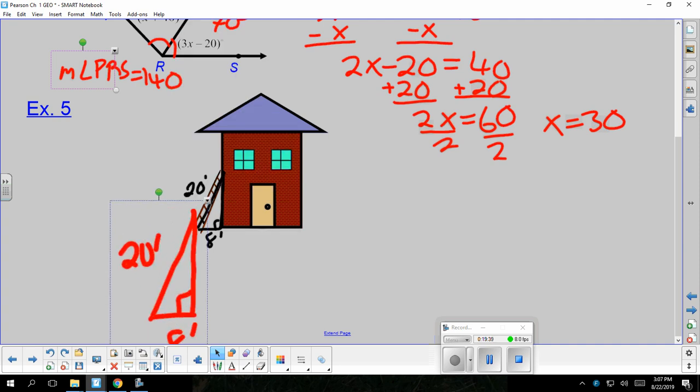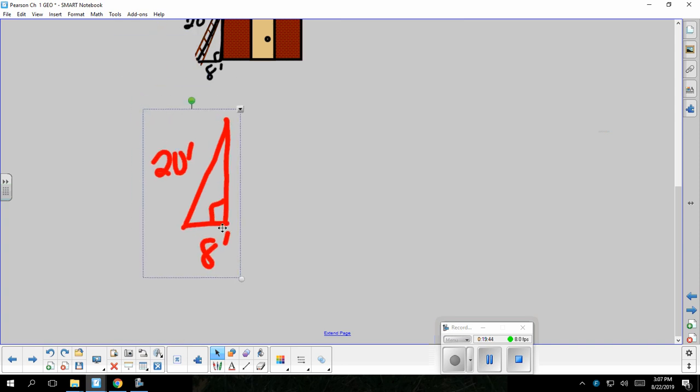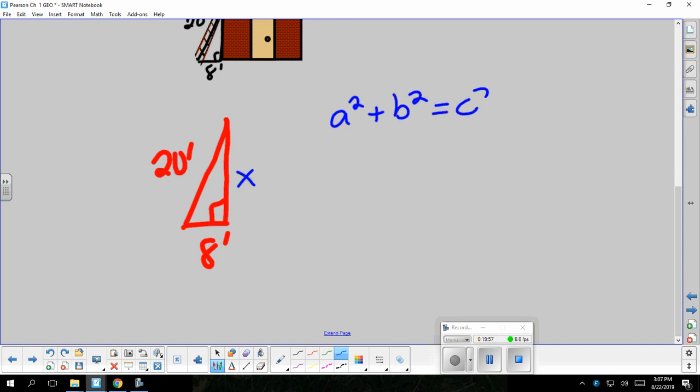Again, using our Pythagorean theorem, much like we did earlier today, I have a right triangle, and I have 2 sides and 1 missing side. So I'm going to use my Pythagorean theorem. A squared plus b squared equals c squared. I have one of the legs.